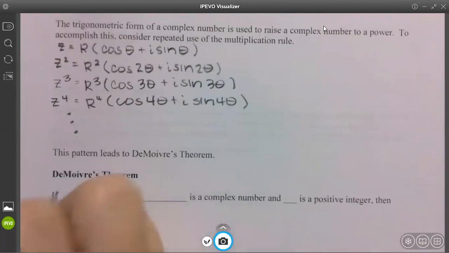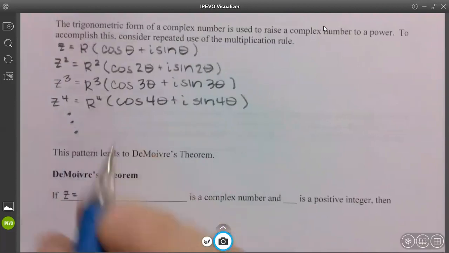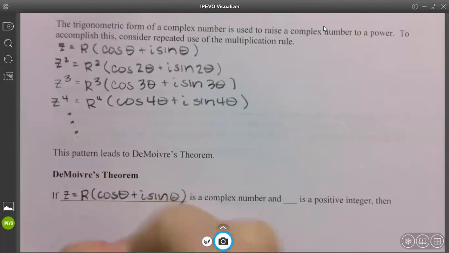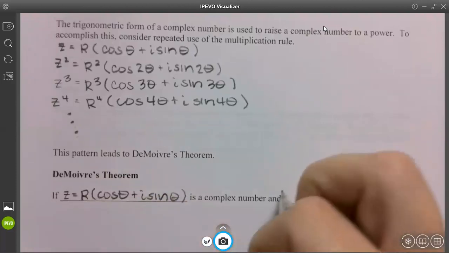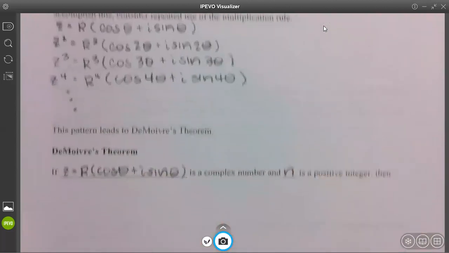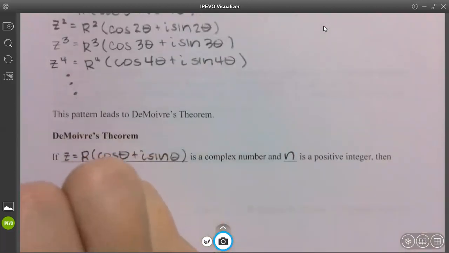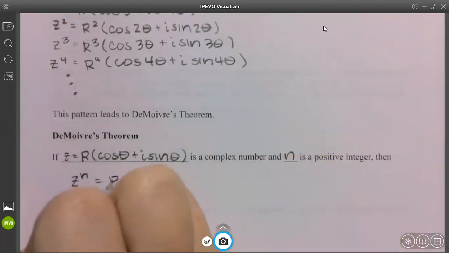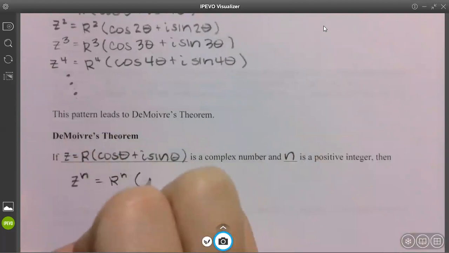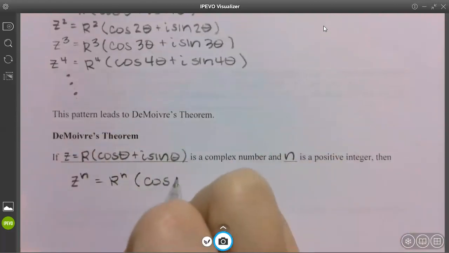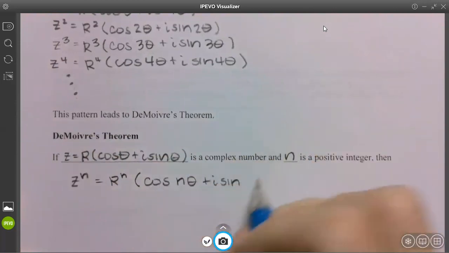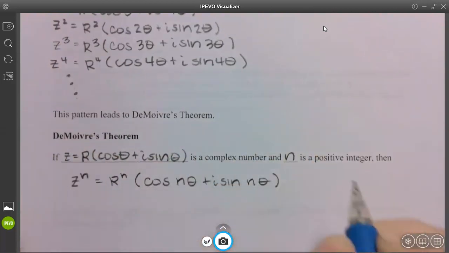It says if z equals r times cosine theta plus i sine theta is a complex number and n is a positive integer, then z to the n is going to equal r to the n times cosine n theta plus i sine n theta.